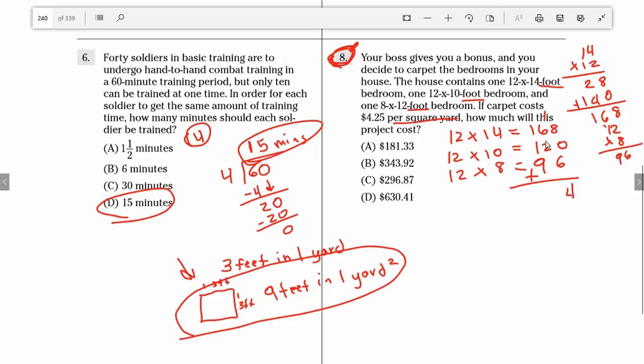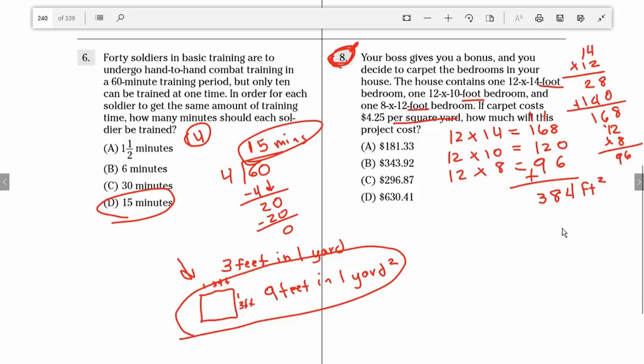Carry the 1. 6 plus 1 is 7, plus 2 is 9, plus 9 is 18, carry the 1. 1 plus 1 plus 1 is 3. So we know the sum of all the areas of the rooms is 384 feet squared. Okay?